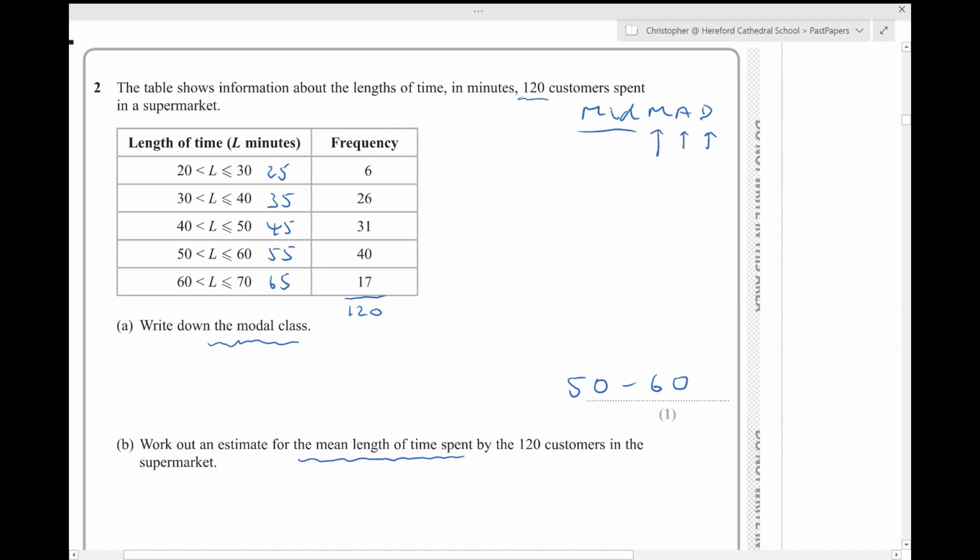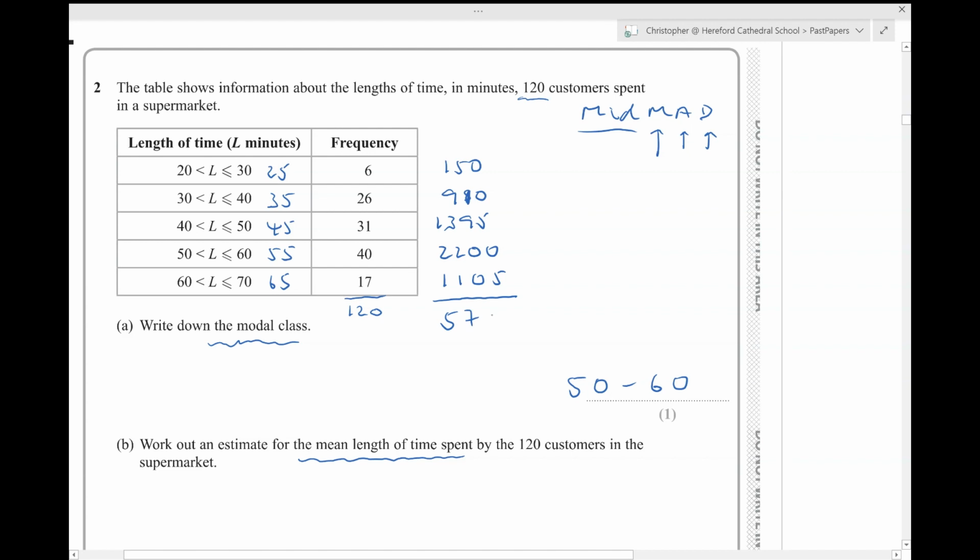So 25 times 6 is 150. 35 times 26 is 910. Lots of calculator action here. 45 times 31, 1,395. 55 times 40, 2,200. 65 times 17, 1,105. So I've multiplied. Now I'm going to add.